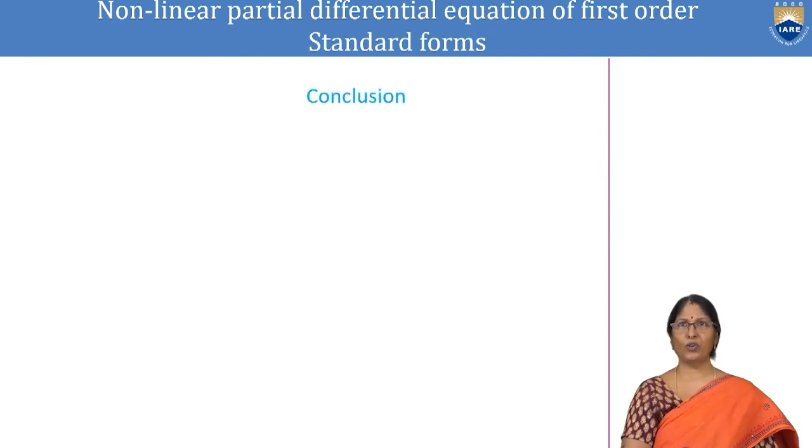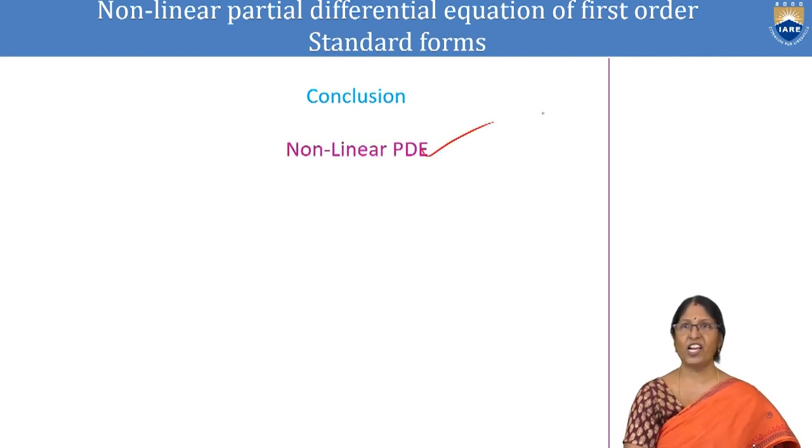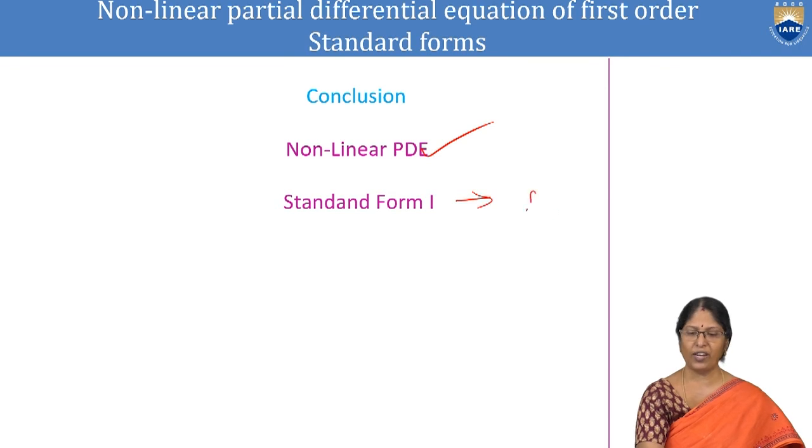We will come to a conclusion that the topic, non-linear partial differential equation of first order, in which we discussed 4 standard forms. First, non-linear PDE, partial differential equation. Non-linear in the sense the degree should be higher than 1. We focused on that. Standard form 1: the given equation, we check if it is in the form f of p, q.